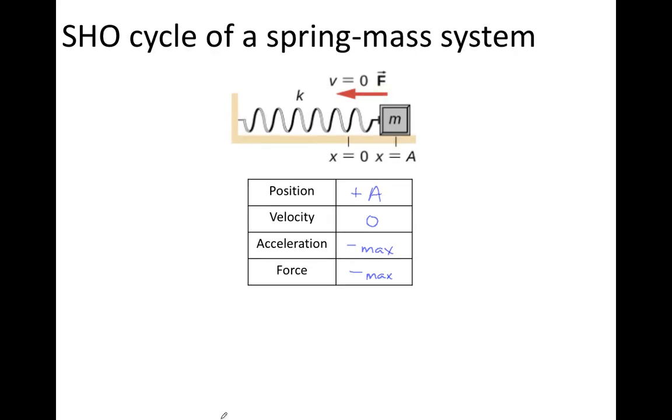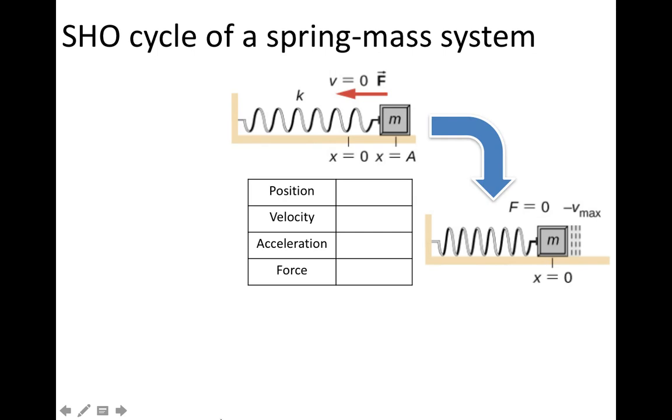Sometime later, the mass will have moved back to its equilibrium position. And so now it's here. And at this position, the position is 0. And since force depends on position, the force will also be 0. And if the force is 0, the acceleration is 0 while it's going through its midpoint.